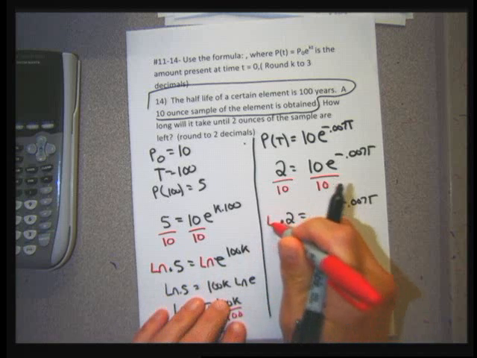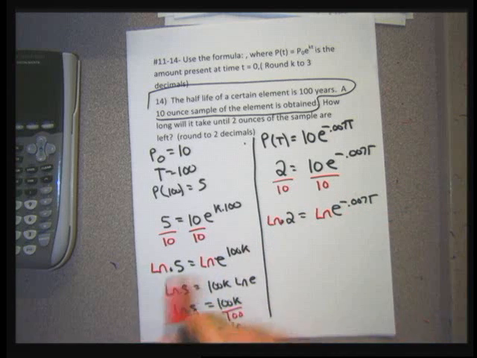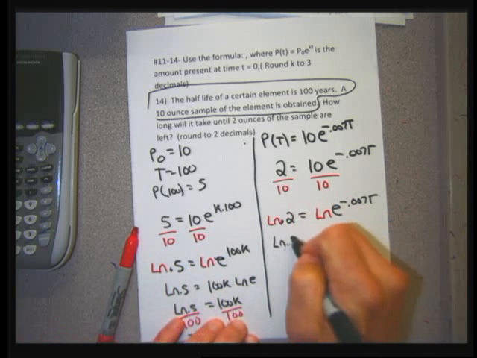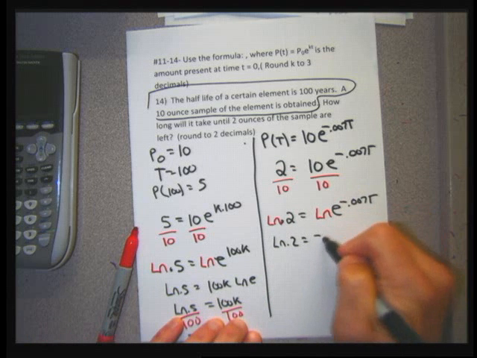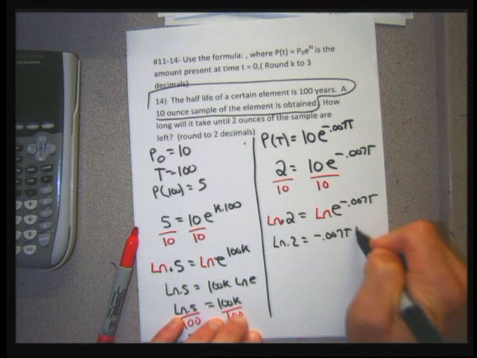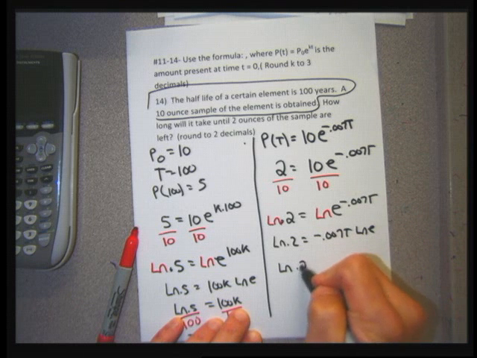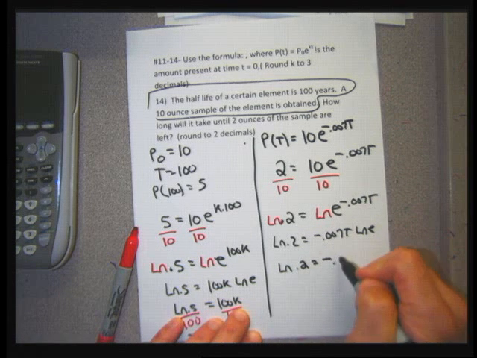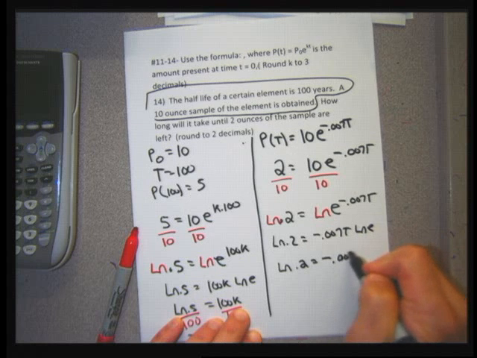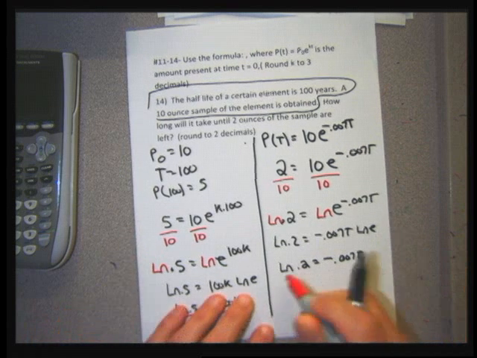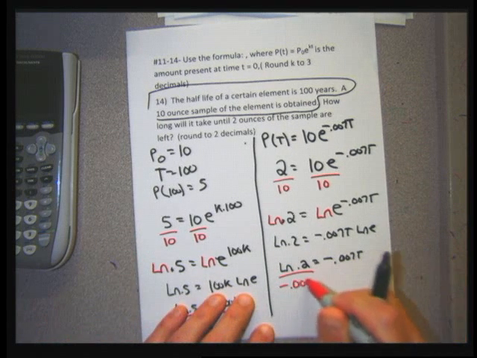Take the natural log of both sides. I get the natural log of 0.2 equals negative 0.007t times the natural log of e. The natural log of e is 1, so I get the natural log of 0.2 equals negative 0.007t. Divide both sides by negative 0.007.